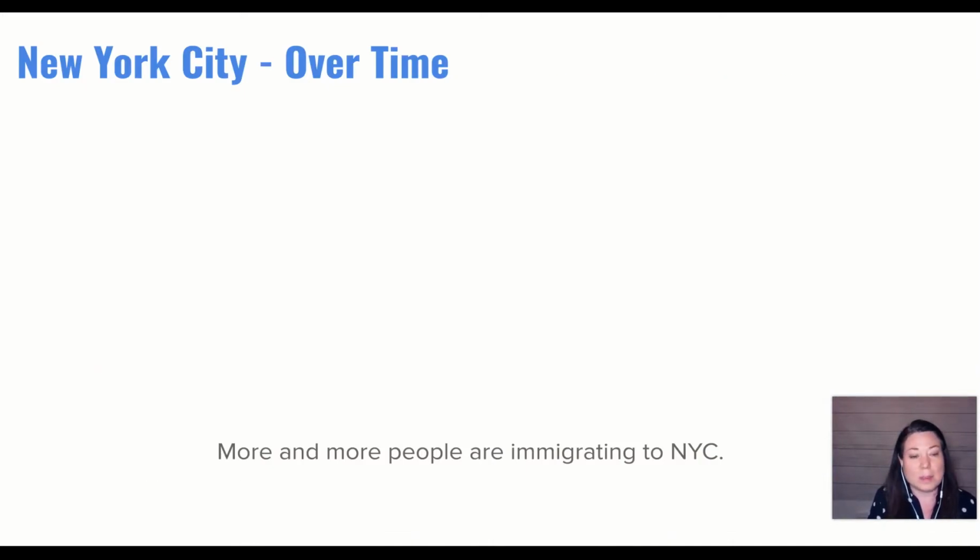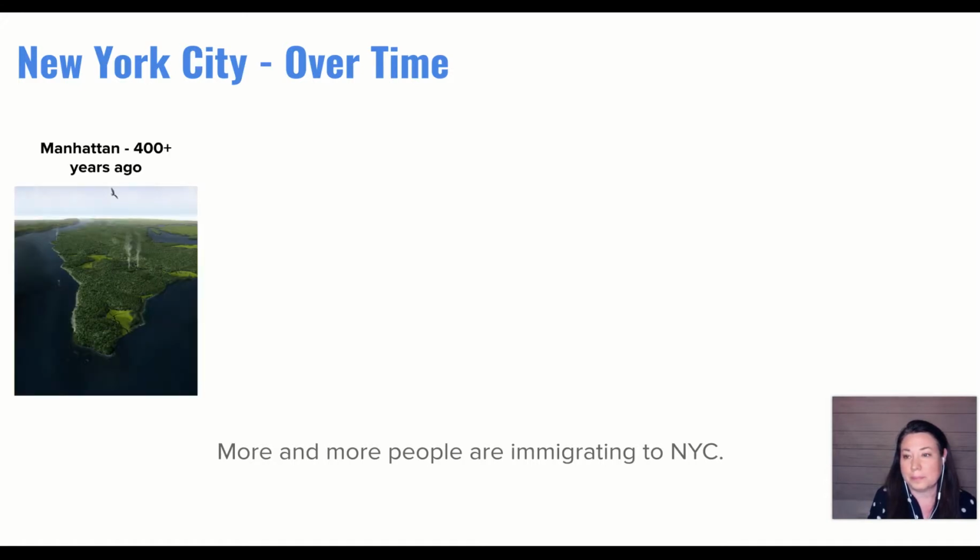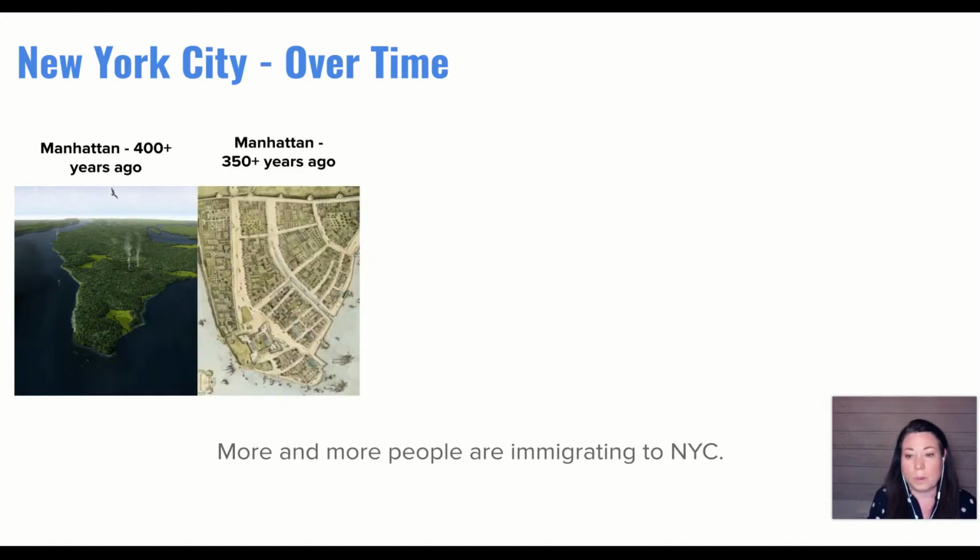So let's think about New York City over time. So here's Manhattan, and the Lenape are here, and they're living, but the buildings aren't as close together, and there's not as many people as there are today. So more and more people start immigrating to New York City.